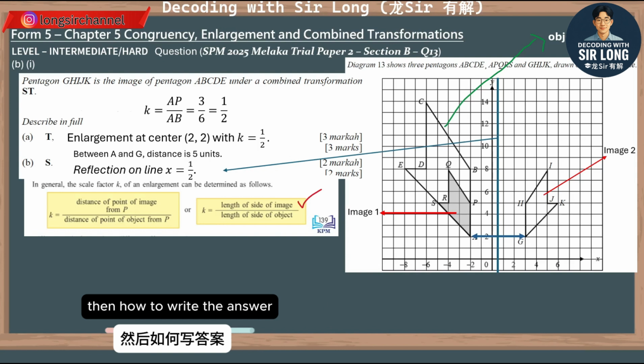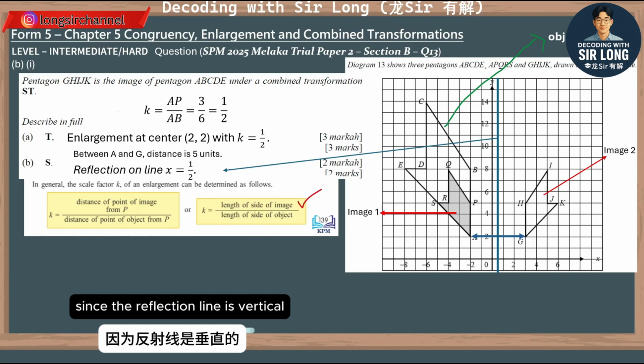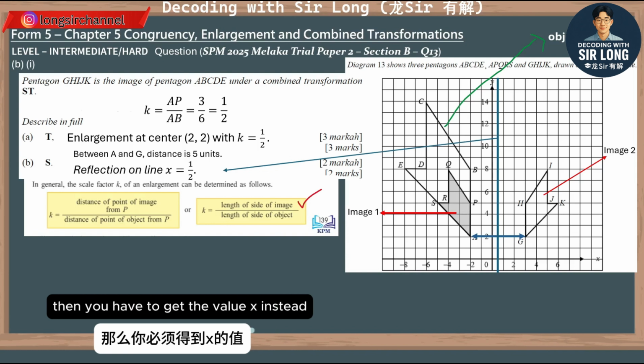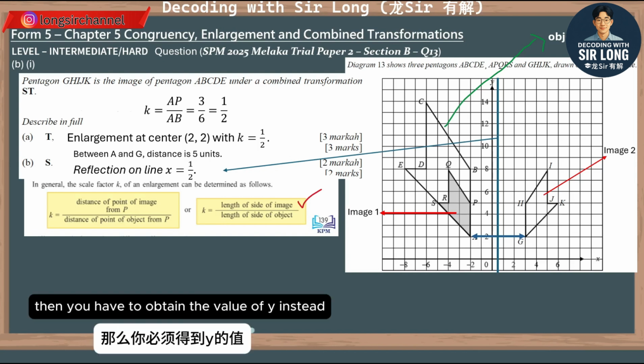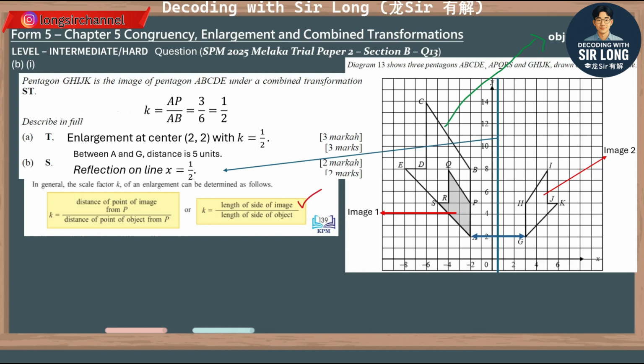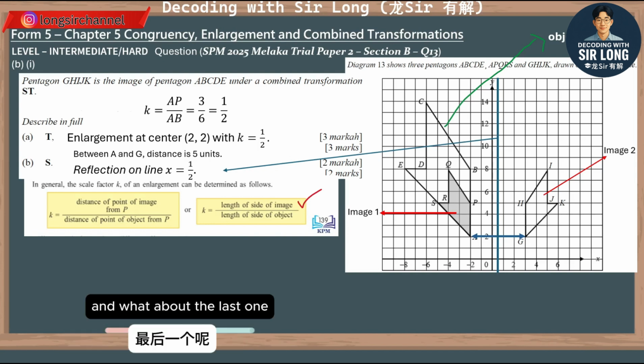Then how to write the answer? The reflection on line x is equal to 1 over 2. Since the reflection line is vertical, you have to get the value of x instead. Or if the reflection line is horizontal, then you have to obtain the value of y instead. So far, a good overview. And this is the second sub question. And what about the last one?